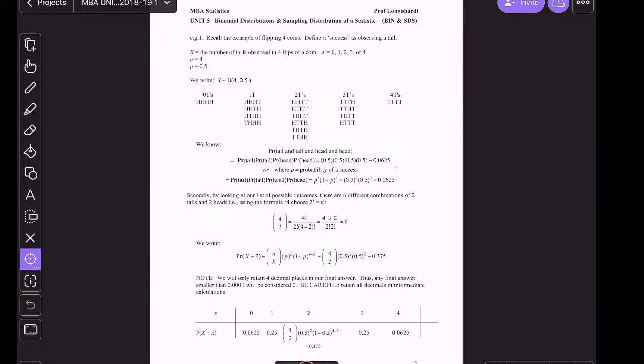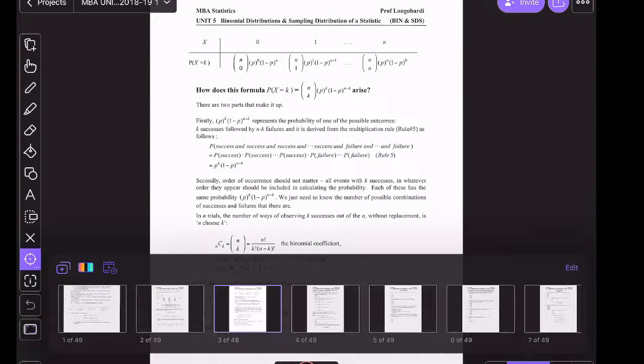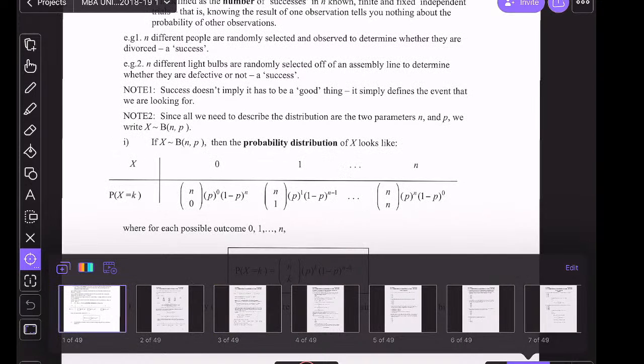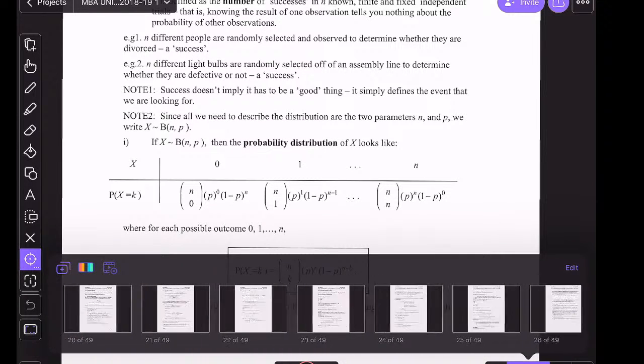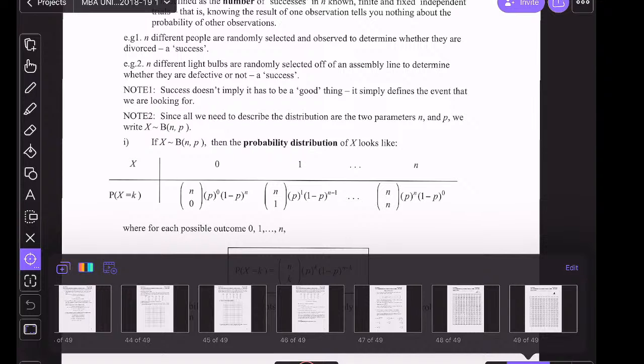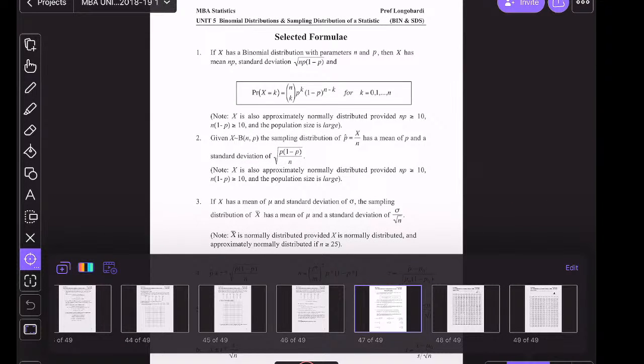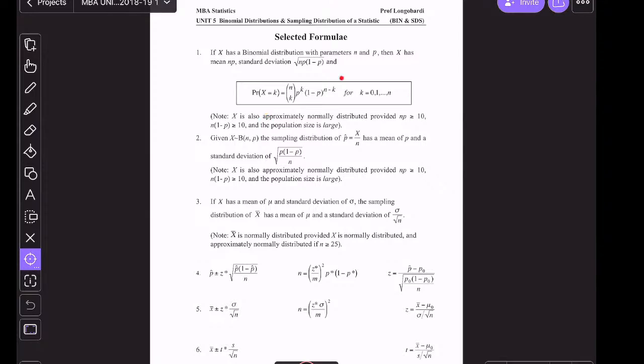No, I can't do that in any nice way. So at the end of Unit 5 and the end of Unit 6 is the formula sheet. On the formula sheet, you will see this formula as the first formula. Now I want to make sure I said that right. It's a long chapter. So there it is in the box. Okay.